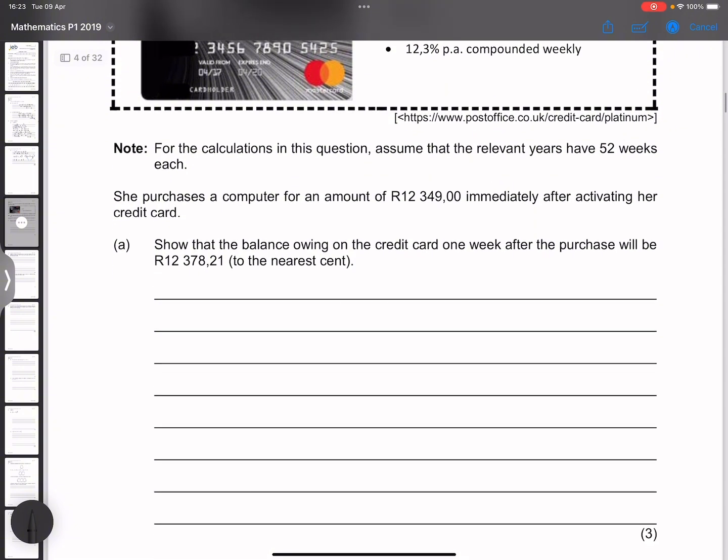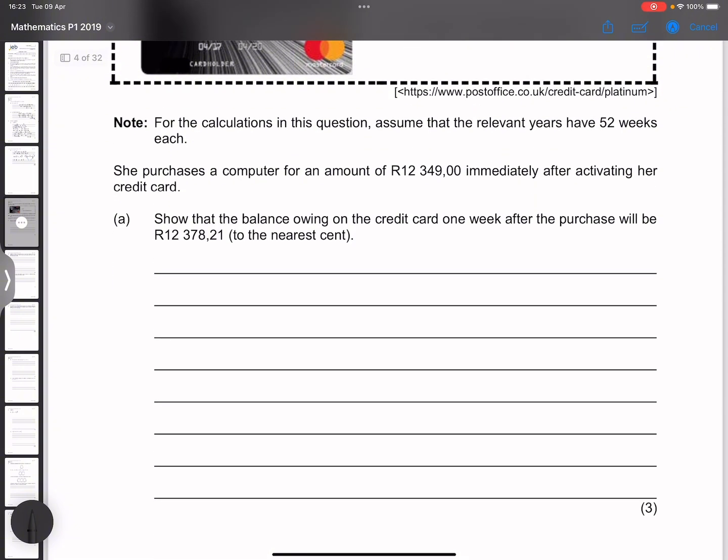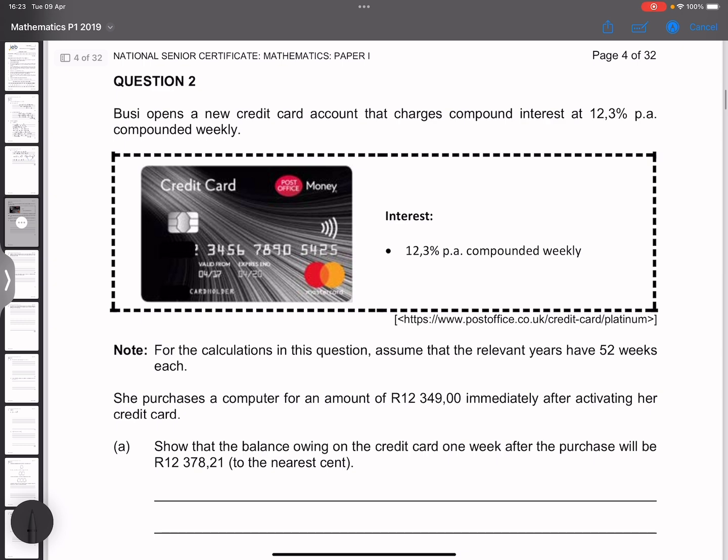So now they show us the balance that is owing on a credit card. They say Busi opens a credit card account that charges a compound interest of 12.3% per annum, compounded weekly. They say for the calculation in this question, assume that the relevant years have 52 weeks each.